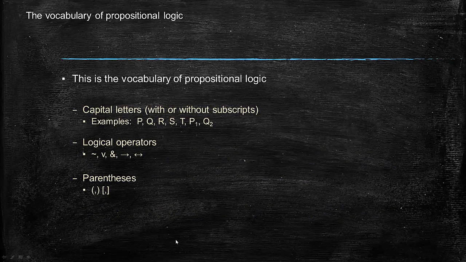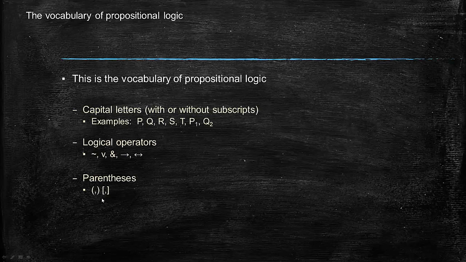Okay, so we already know the vocabulary of propositional logic. First of all, it consists of capital letters. Now, I haven't mentioned this before: we're also allowed to attach little subscripts if we want to. We hardly ever do, but that guarantees us an infinite supply of symbols, which is kind of a nice idea. Then there's the logical operators, which we've introduced, and then there's the parentheses.